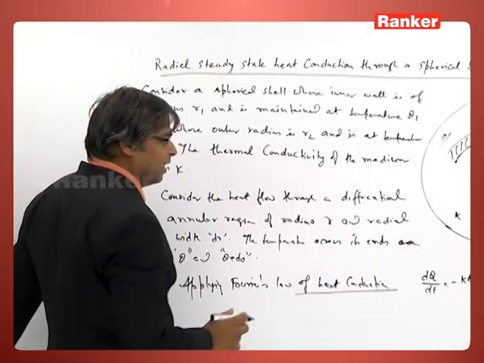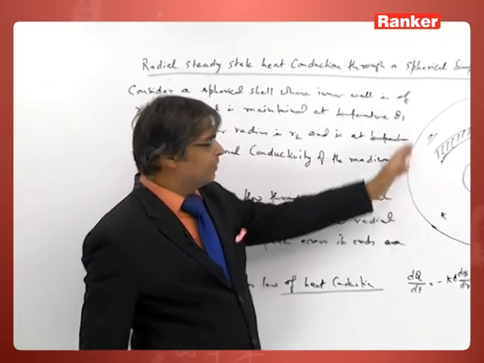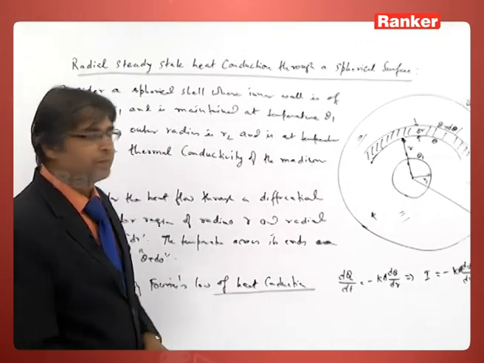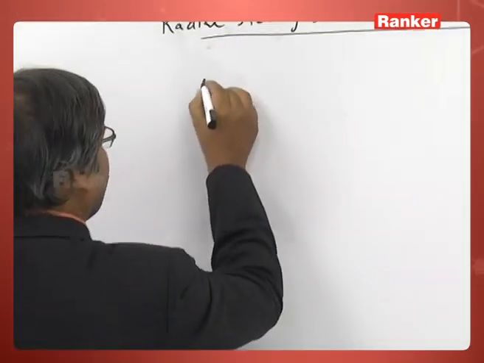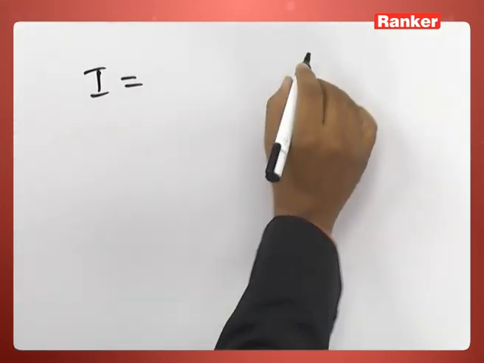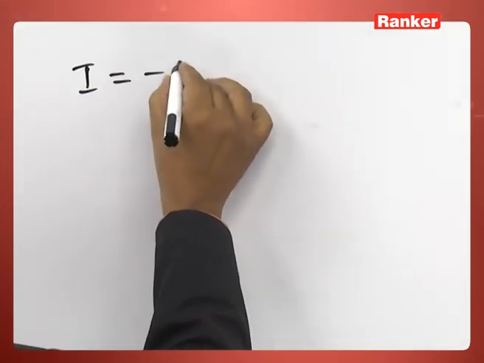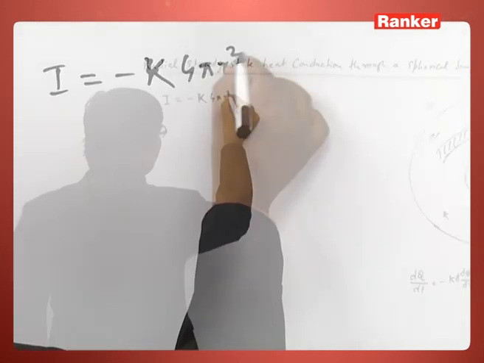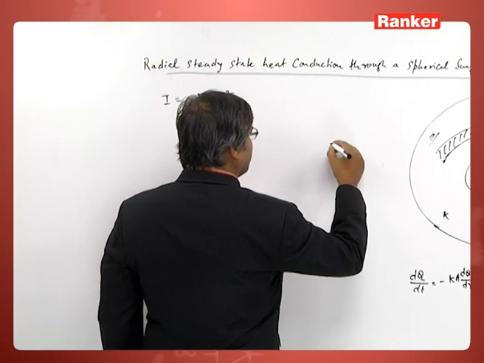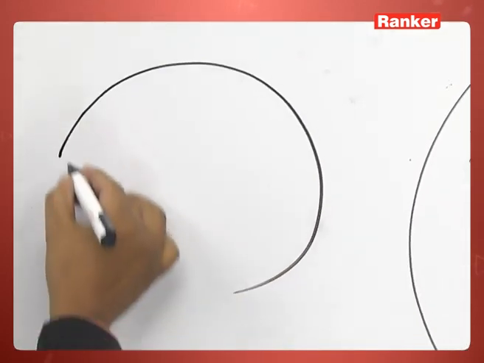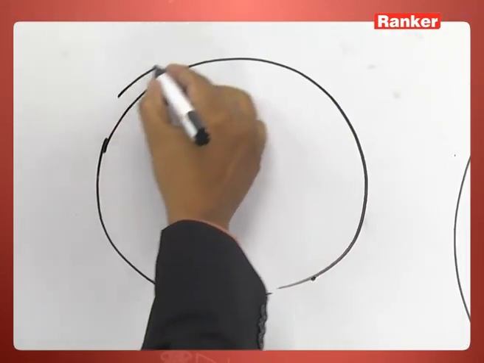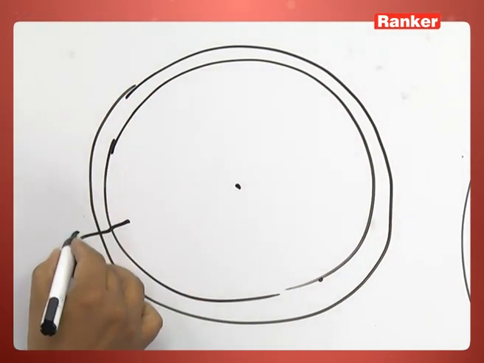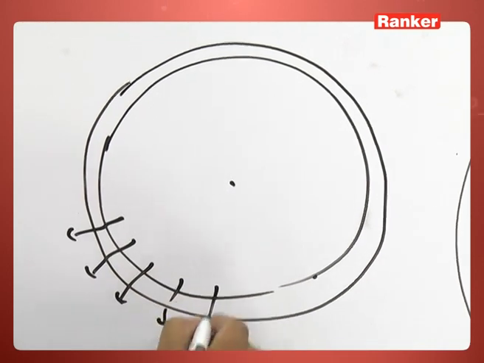Now let us use this formula to derive the expression for the heat current. You see, heat current I can be written as minus k, area is 4 pi r square. This is our element. You see heat current flows along this.